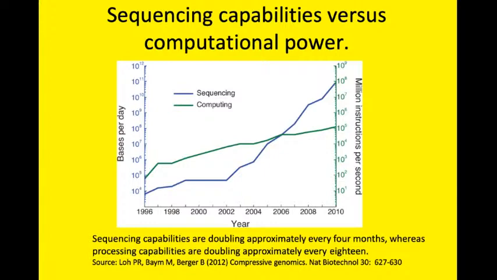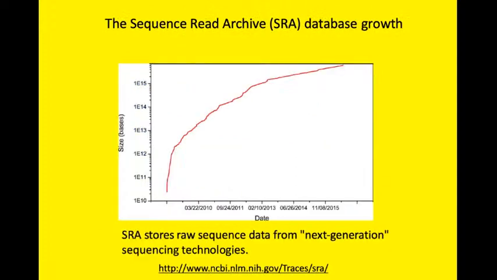So somehow the computational power versus sequencing are correlated. Then comes the Sequence Read Archive database growth, where we can see that next generation sequencing technologies started to produce a very huge amount of data within the span of 5 years. From 2010 to 2015, the number of base pairs increased tremendously.